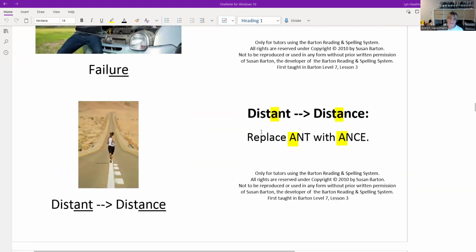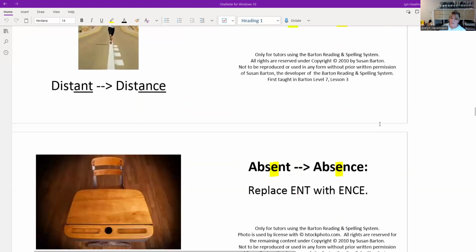And then I feel like this is a little bit in the weeds for them, but nonetheless, we learned that a good way to tell if a word is spelled with A-N-T or the suffix A-N-C-E is if you know how to spell the base word. So if you know that distant is spelled A-N-T, then you would simply replace A-N-T with A-N-C-E.